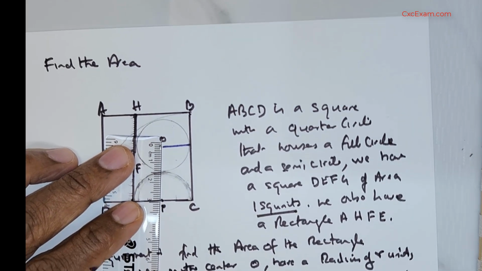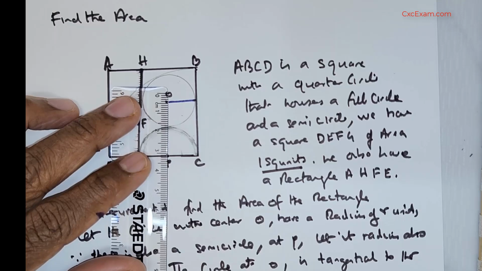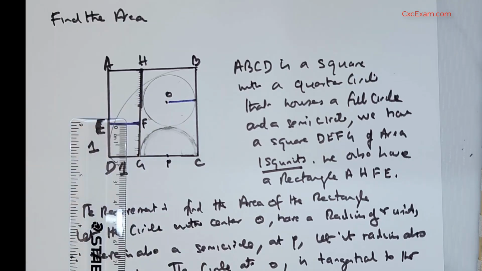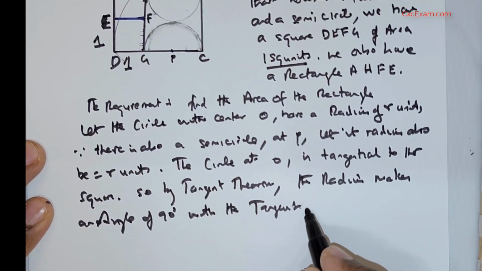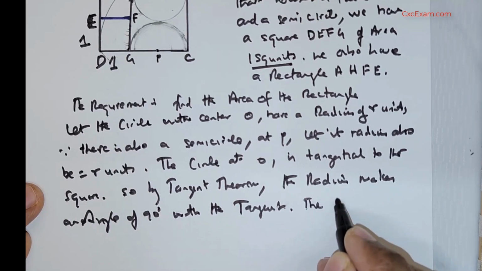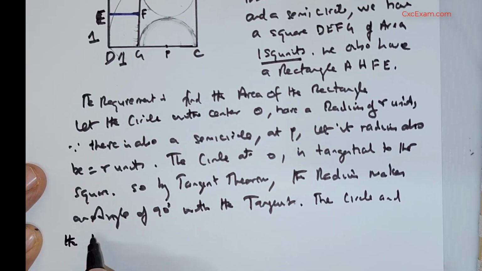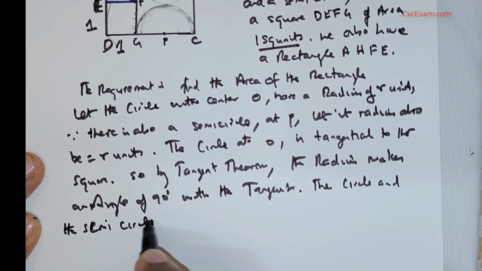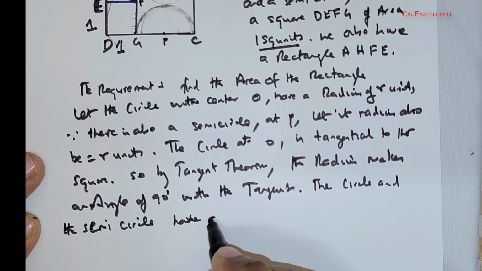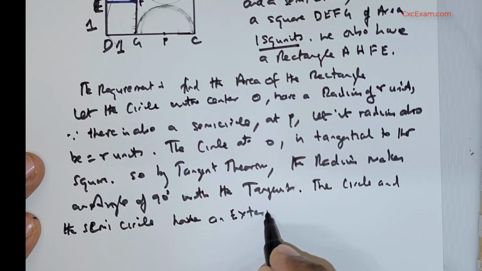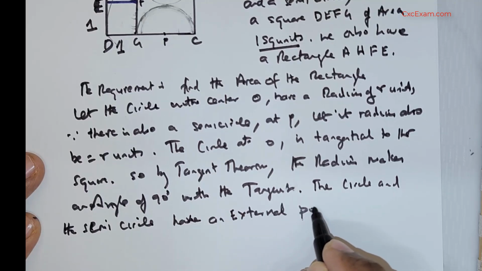Now I can connect this, but to connect this I will have to use another theorem. So let me state the theorem. The circle and the semicircle have an external point of tangency.